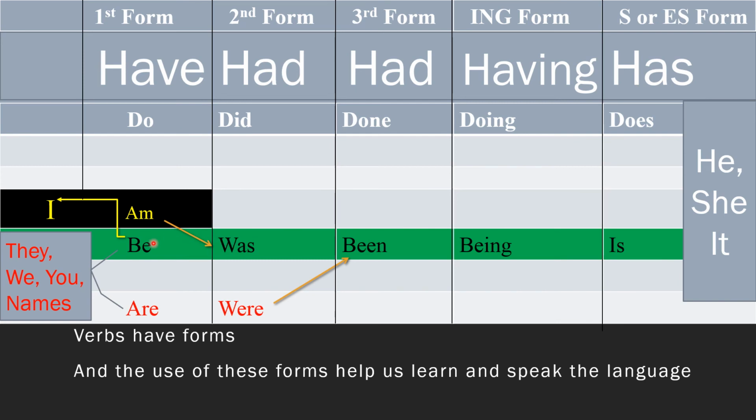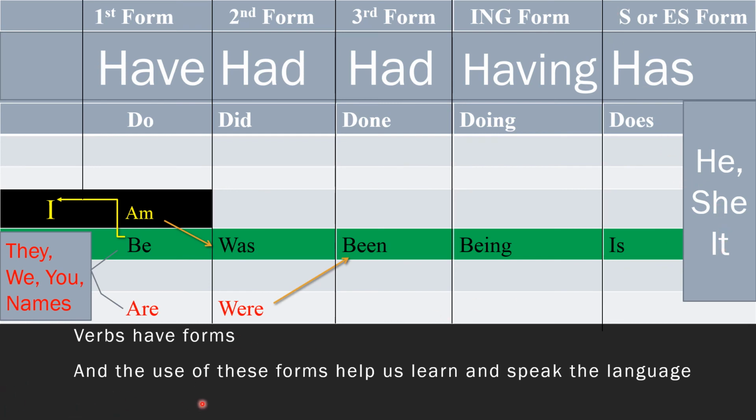It means here am changes into was, but are changes into were in plural case for the past tense, because we said the second form is used in the past tense. So it is they are, and in the past tense they were, but in the third form they all get the same third form, right? And then ing form, and then s or es form. So s forms are used with he, she and it.